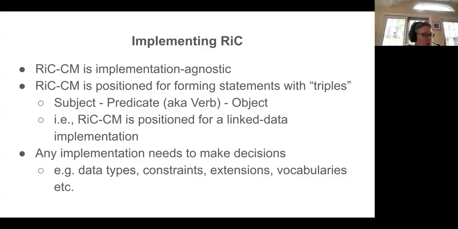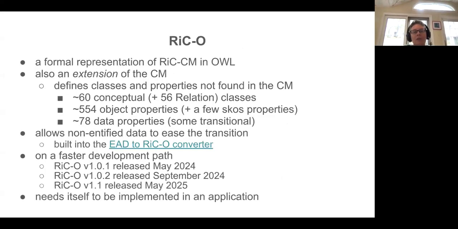And I want to take a quick look at RiC-O at this point without going into great depth, because RiC-O is such an implementation in a formal ontology. And what the larger point I want to make here is that any implementation is going to have to make some decisions, and I'm going to point out a few.